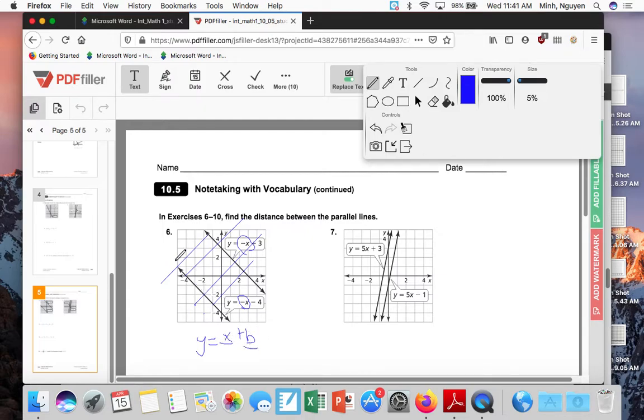We can use any of these lines. You could say y equals x plus -1, which is x minus 1, that would be this line. Or I could go here and say the y-intercept crosses through 0, so it's just y equals x. Again, it's up to you.